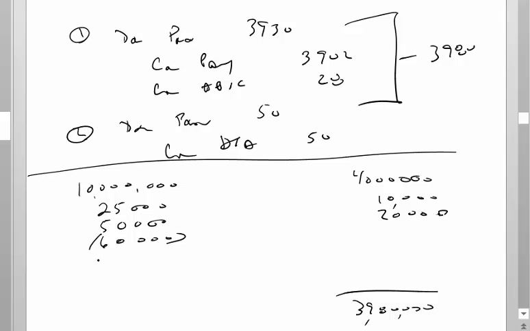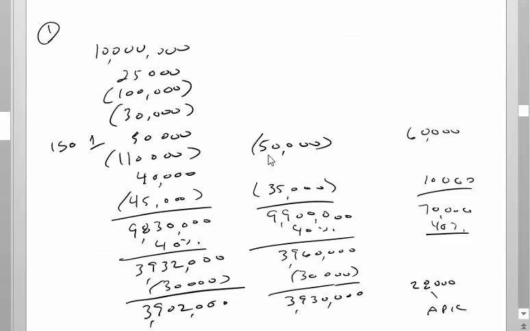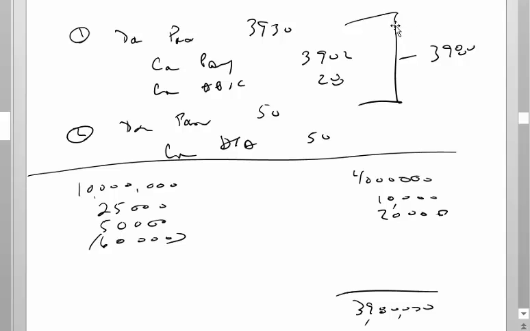My bad perm last year was 50, so my good perm is going to be 50. So I have a R&D credit of 30,000.